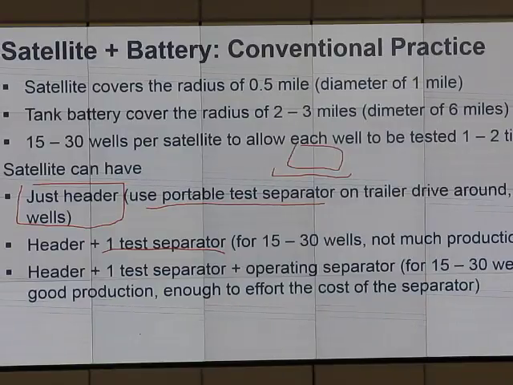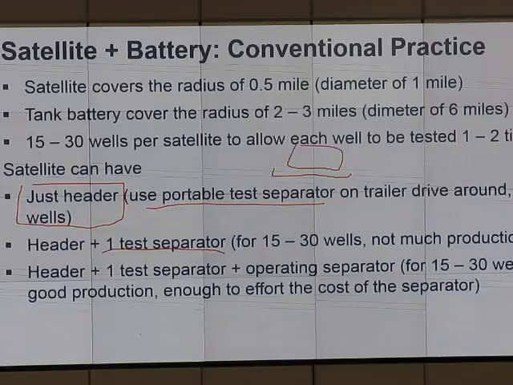If you have 15 to 30 valves and good production, enough to afford the cost of the separator, then you can have 1 test separator and 1 actual separator, and you separate liquid and gas right there.